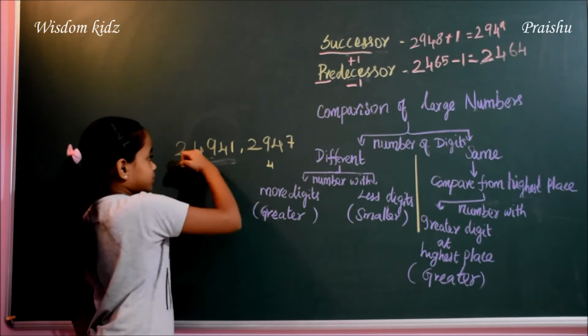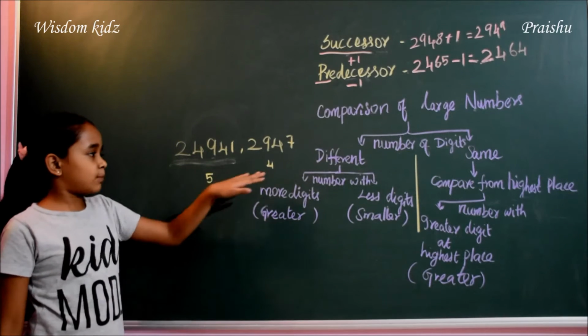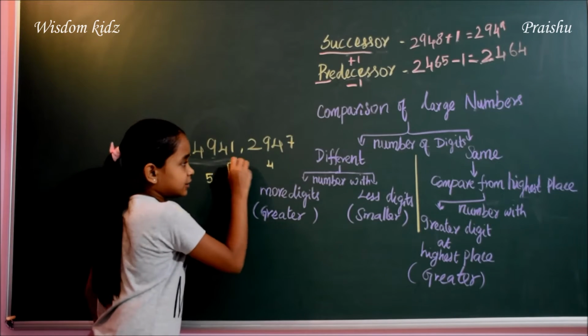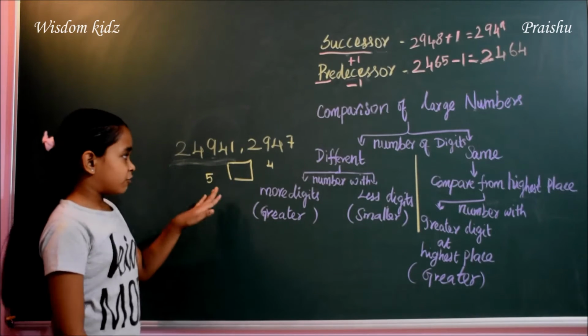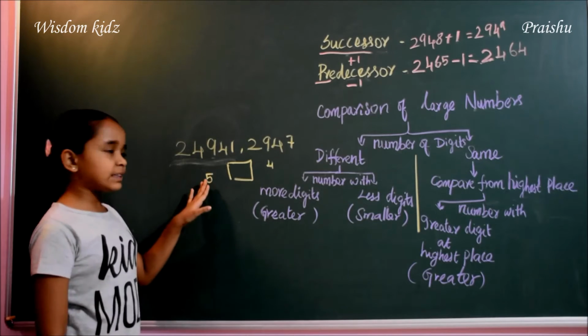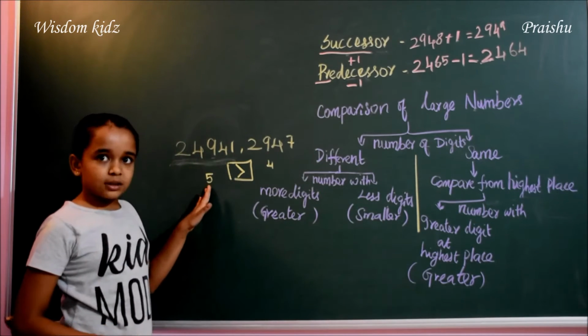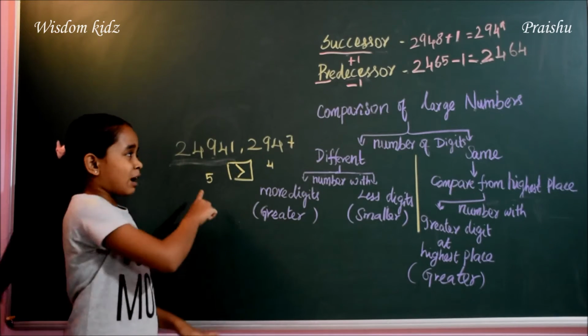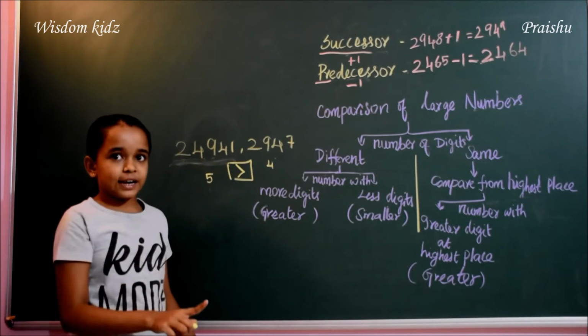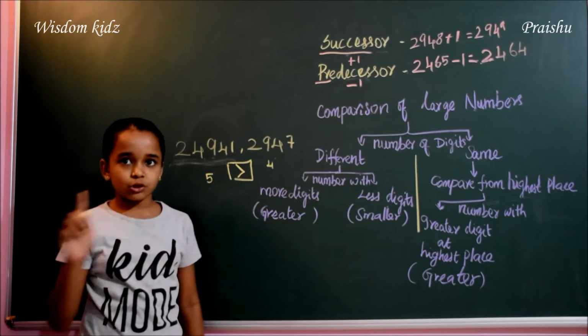So there are 4 digits here and 5 here. Which is larger, 5 or 4? 5 is larger than 4. So just put the symbol. So when the number of digits are different, it is very easy for us to compare.